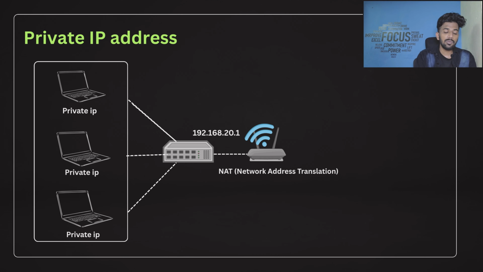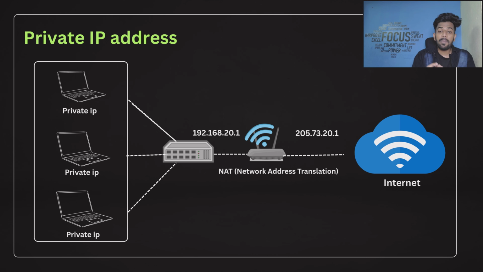NAT maps a group of private IP addresses to a single public IP, making communication over the internet possible. It also ensures that responses from the internet are sent back to the correct device inside the private network.